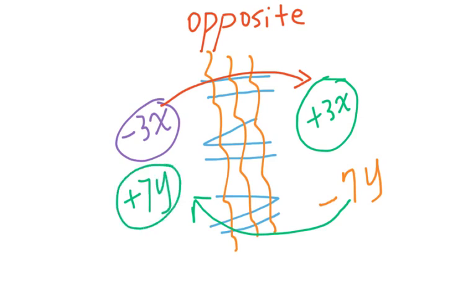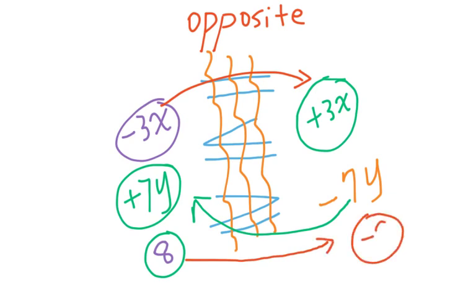If I have 8 on the left side and I want to move it to the right side, I need to change it into negative 8. So remember, for any equation, if you want to move a term from one side to the other side of the equation, you need to change the sign.